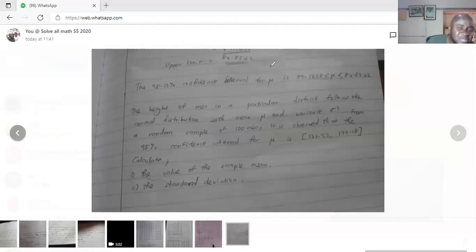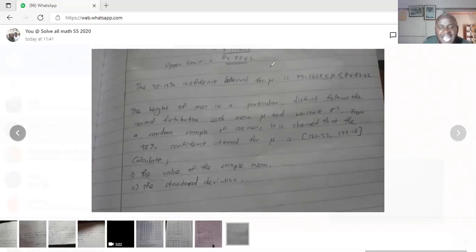It began with a district, which would have had a population. But now they have said out of the district we chose 100 men. It will tell you that these 100 men are predicting a sample.